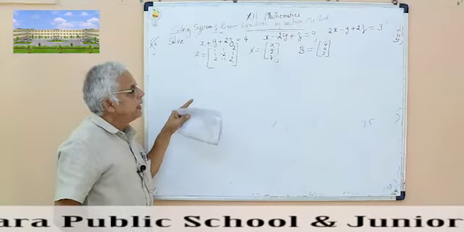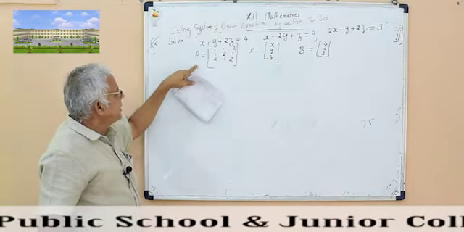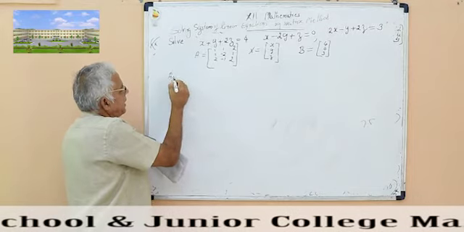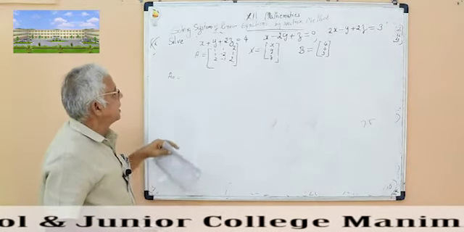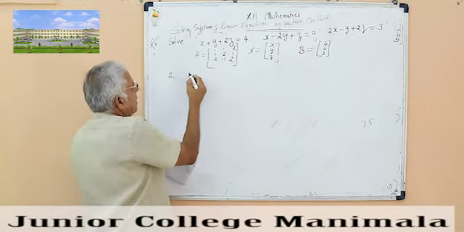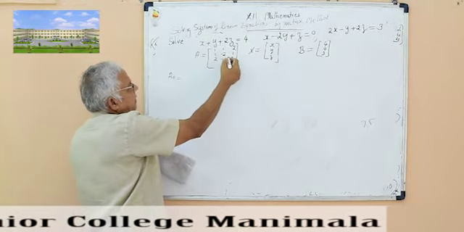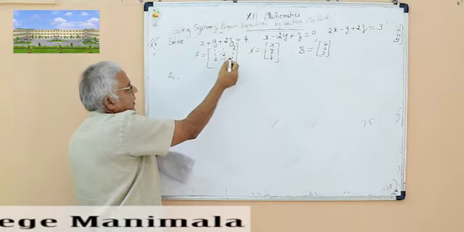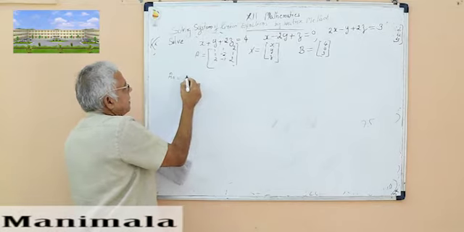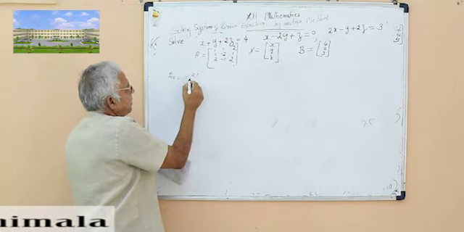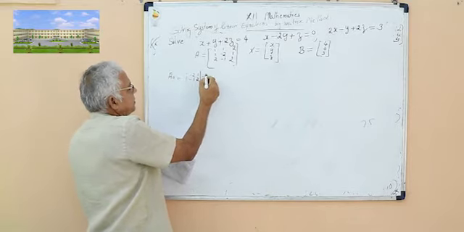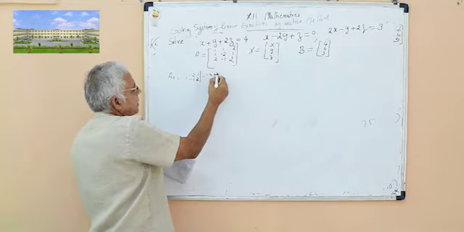First we find the adjoint of A and the determinant of A. For the adjoint of A, the cofactor of the element A11 has positive sign. Delete the row and column containing it: minus 2 into 2 minus 1 into minus 1, which is minus 4 plus 1, equal to minus 3.